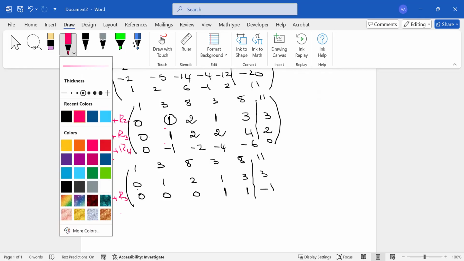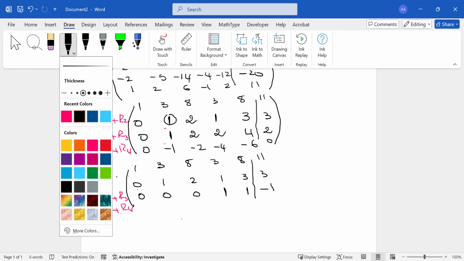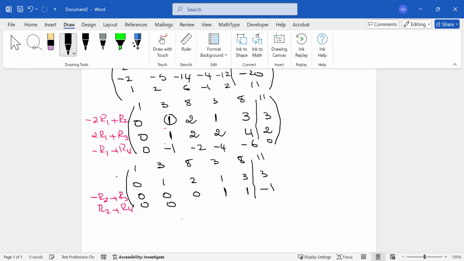And then to get the -1 to become 0, we do R2 plus R4. R2 plus R4 is going to be 0 here, 0 here, 0 here. That's a -3, and that's a -3, 2, right? And then that's a +3. Okay.